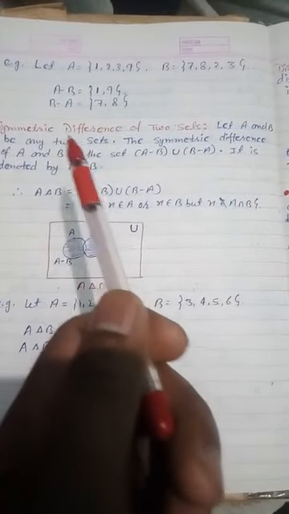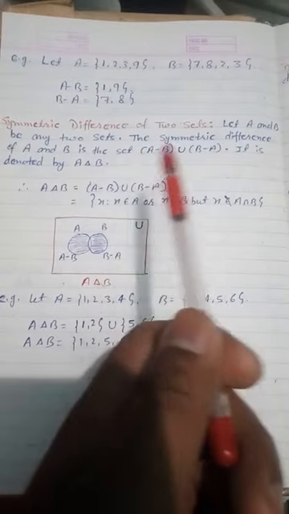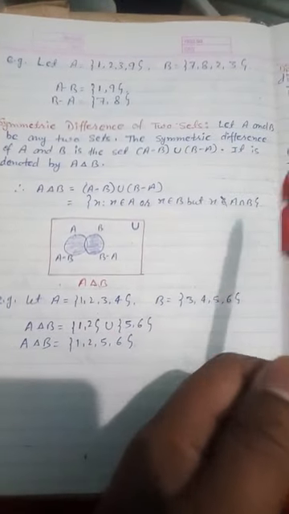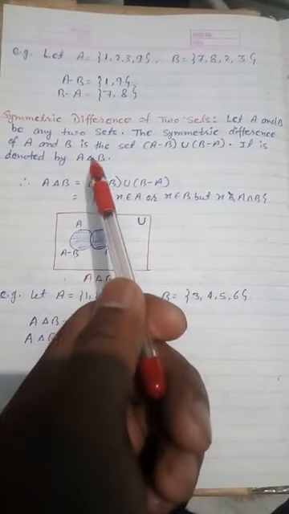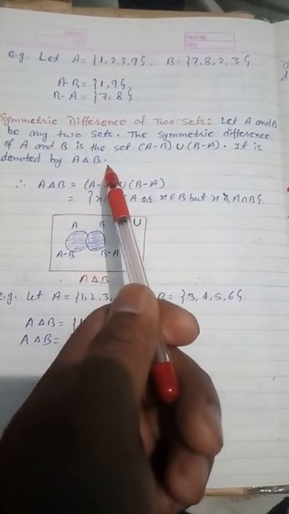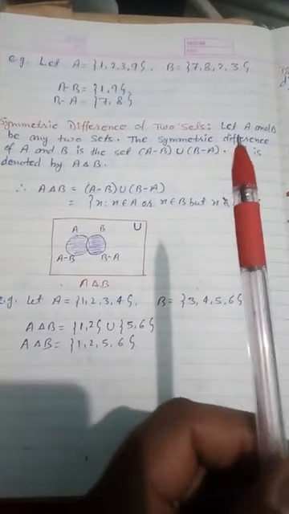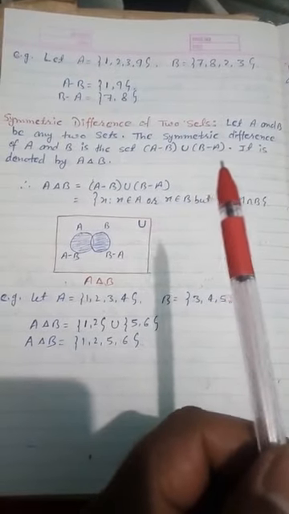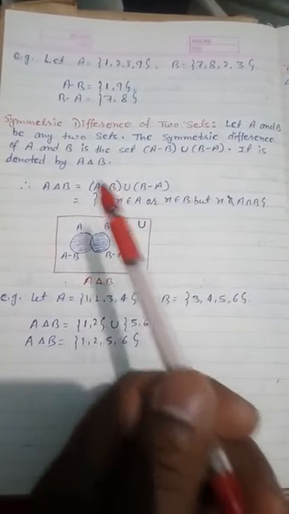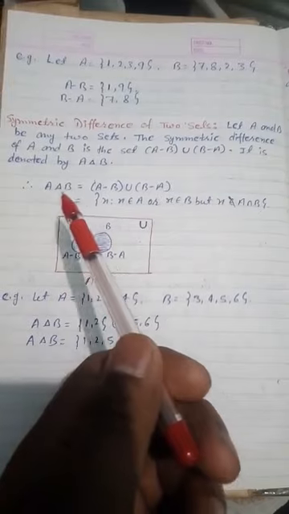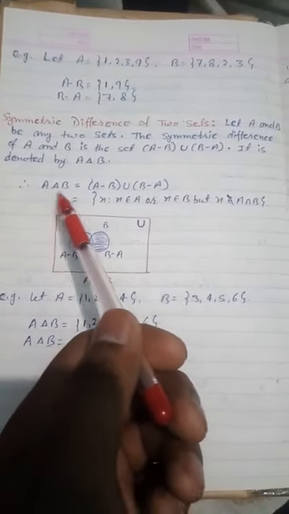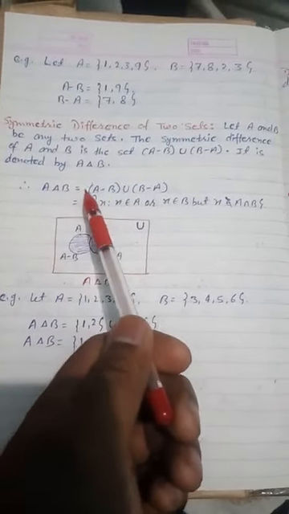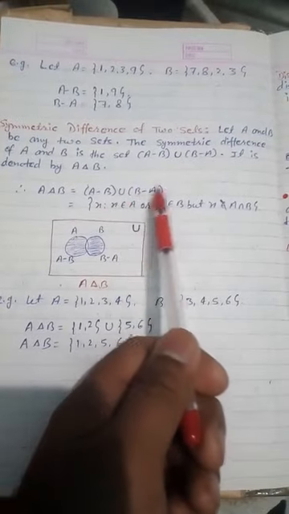Now our extra topic, symmetric difference of two sets. Let A and B be any two sets. The symmetric difference of A and B is the set (A minus B) union (B minus A). It is denoted by A symmetric difference B. It is an important topic for competition level exams, but in the NCERT book the topic is skipped. You can see A symmetric difference B is equal to (A minus B) union (B minus A).